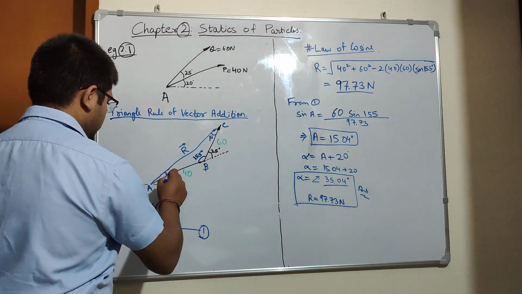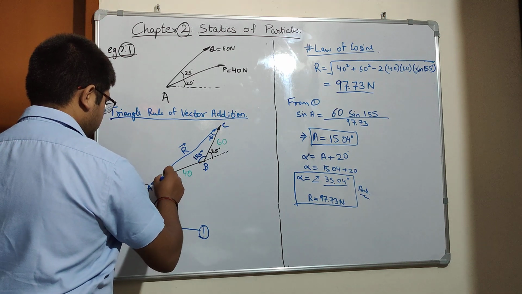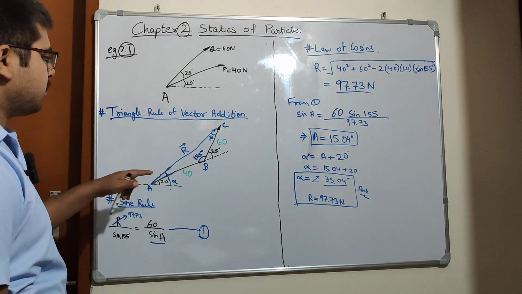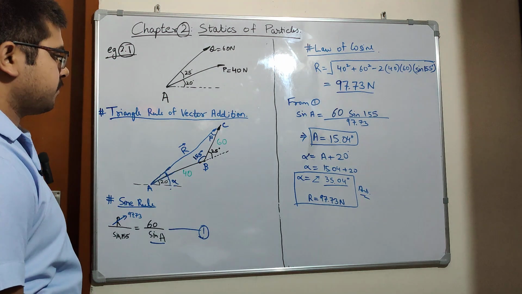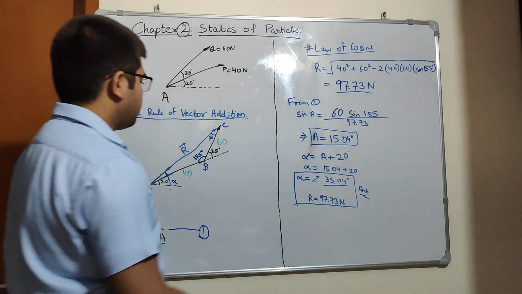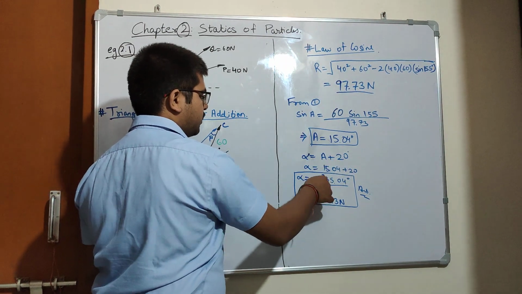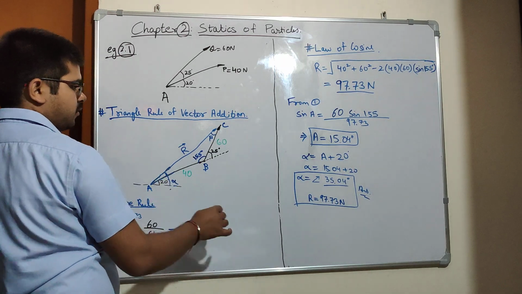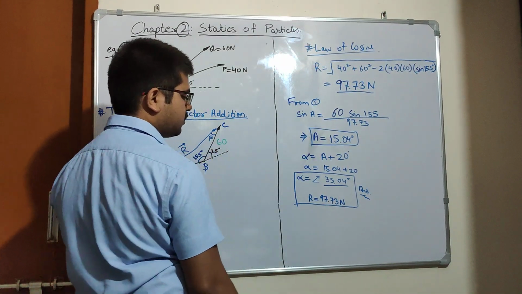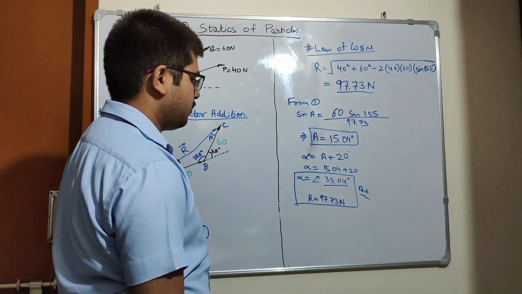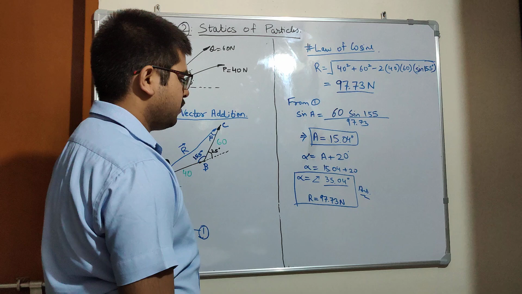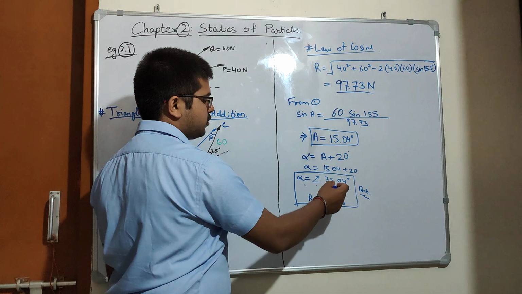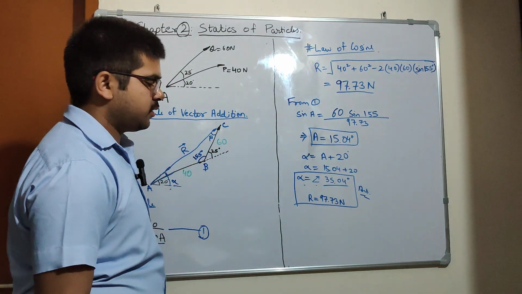When we have got angle A, we add 20 to it to get alpha. Alpha is this whole angle. So that becomes our final answer. Alpha is equal to 35.04 degrees.